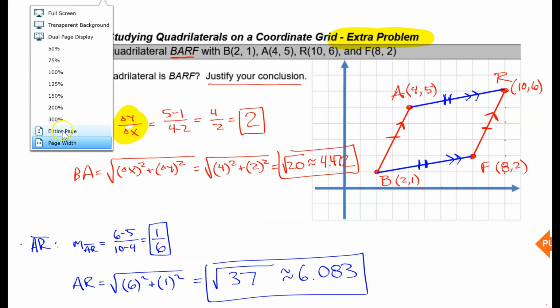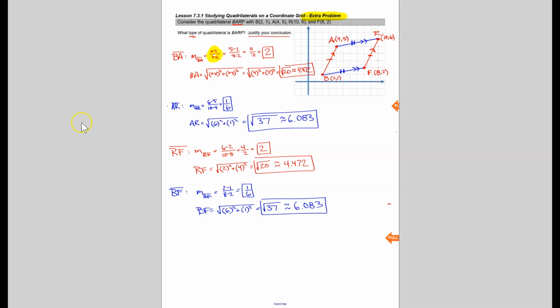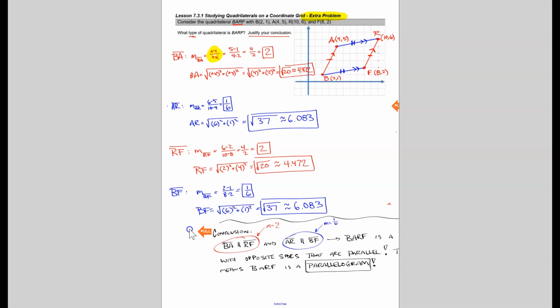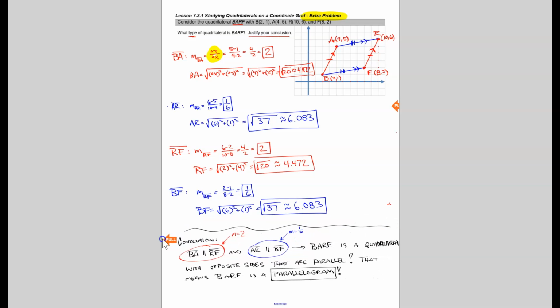Okay, folks, so let's zoom out and look at a final conclusion we can make here. We're done calculating side lengths and slopes. So time to make a conclusion. We know this: segment BA is parallel to RF because they both had a slope of 2.